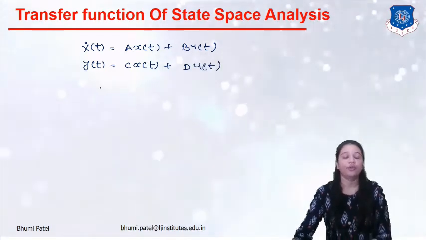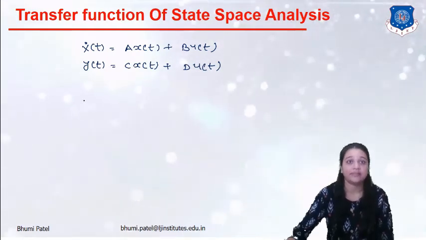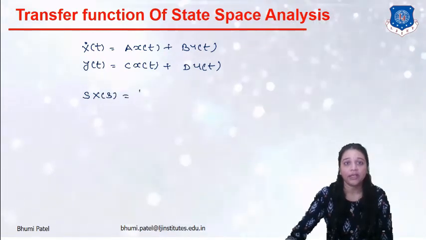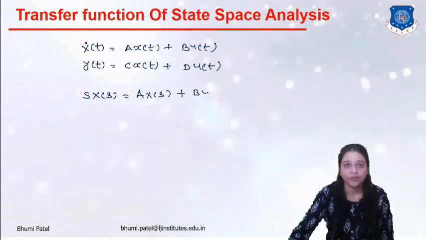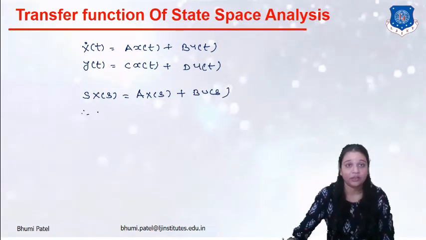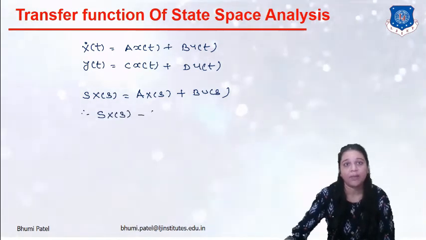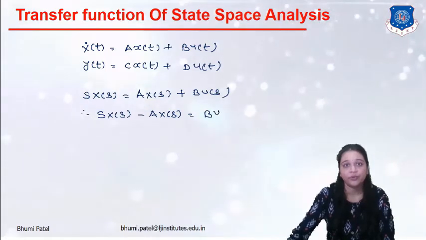Now we take the Laplace of these equations, and the Laplace of x dot is s X of s, so s X of s is equal to A X of s plus B U of s. Now we take out the common term X of s, so we can write s X of s minus A X of s is equal to B U of s.